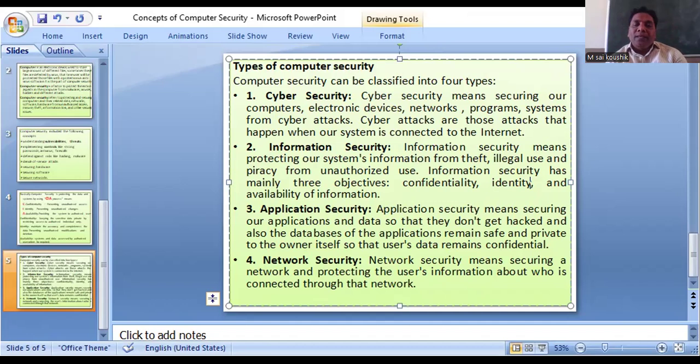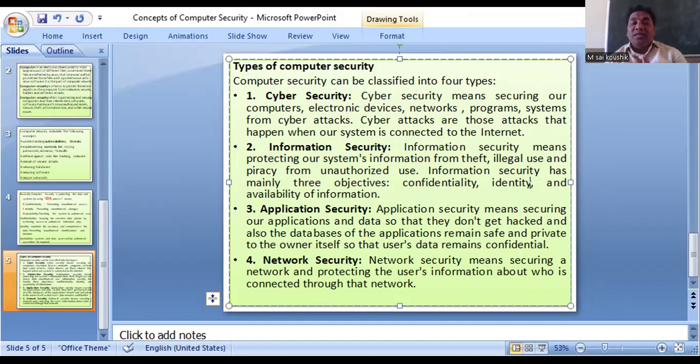Application security means securing our applications and data so that they don't get hacked, and the databases of the applications remain safe and private to the owner itself. Nobody can access, nobody can steal. Those kinds of security methods you follow are part of application security.